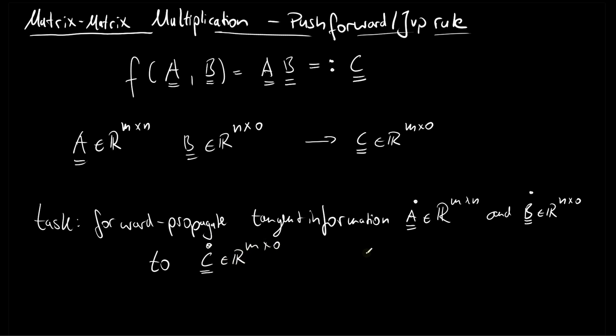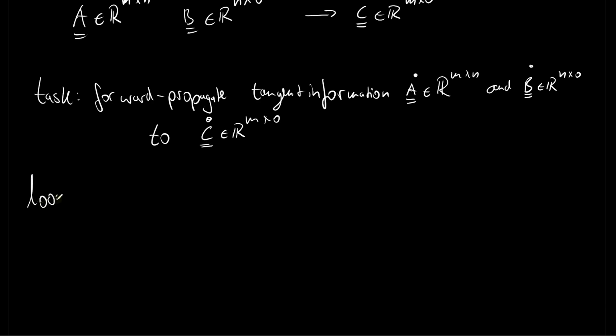And mathematically, we can loosely write down the task in the form that we get the tangent on the output, so matrix C dot, equal to dF by dA, so derive the output of F with respect to A, and then contract it with the tangent on A. So in a sense, if we look at F in terms of its output, which will be a matrix, and here we are deriving a matrix with respect to a matrix, then we get a rank 4 tensor, which we are then double contracting with a matrix, and that will then yield a matrix.